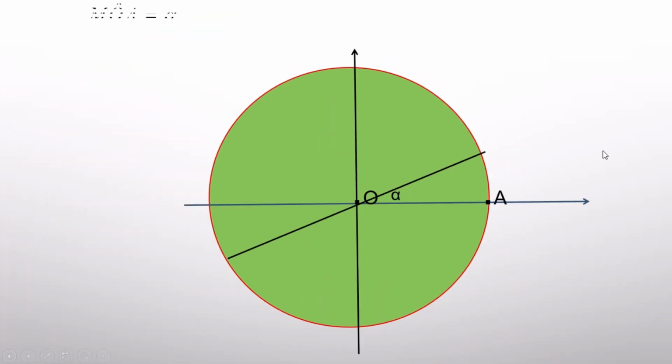Here is the trigonometric circle. Consider the angle alpha. Here we have the angle alpha, the point M here, the extremity of the oriented arc alpha, of coordinates cosine alpha, sine alpha.